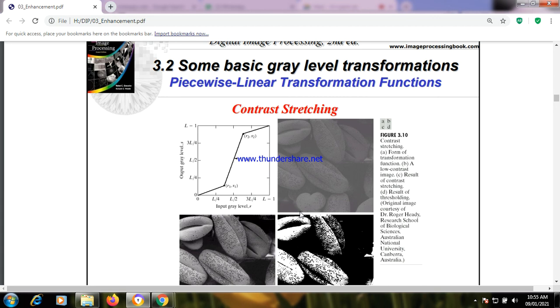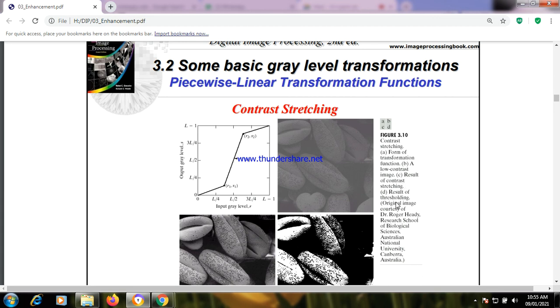If the intensity values are around 70 or 50 or 80 and so on, less than m, we are making them 0 only, and greater than m, we are making them L, meaning brighter. So that is your contrast stretching.